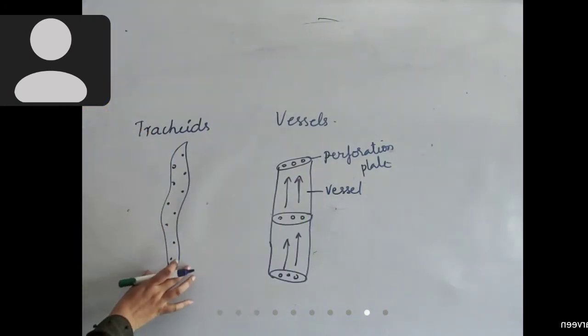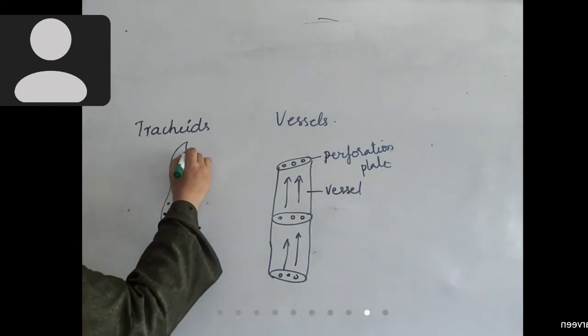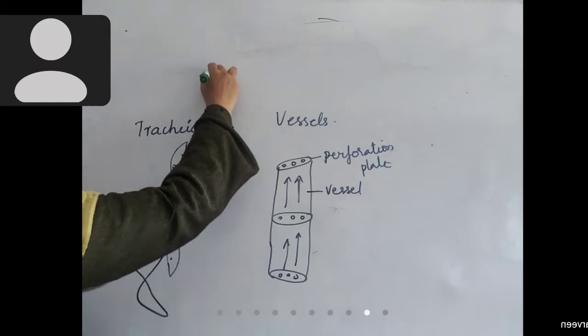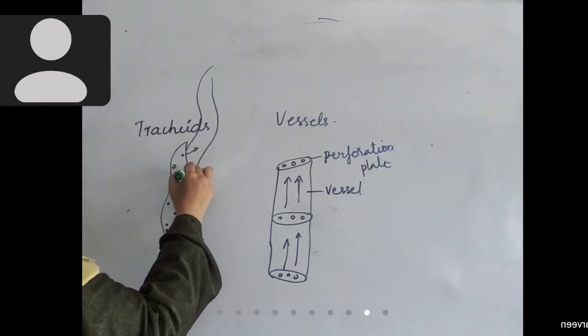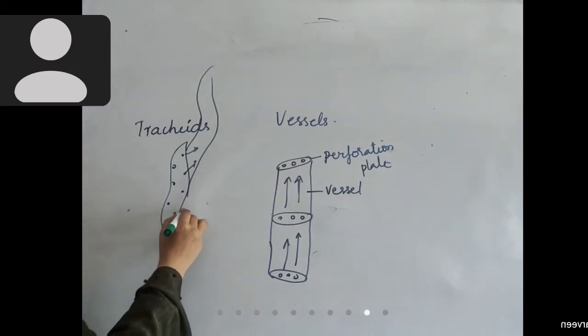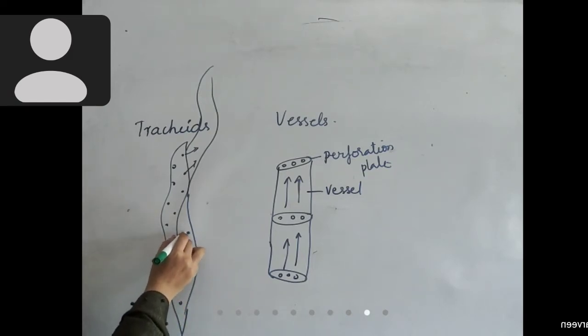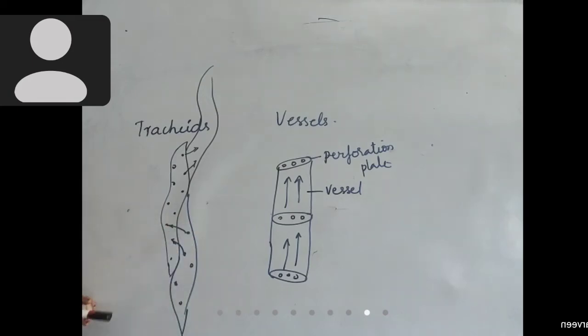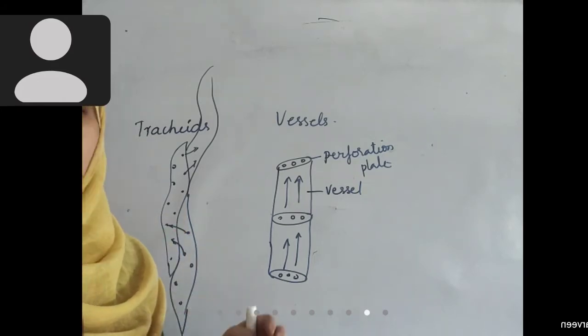In case of tracheids, they are long. So water enters through these holes. The next tracheid will be here somewhere like this. So through the holes present in this tracheid, water will pass through. In between this cell and this cell, there are common holes. Through those holes, it will pass like this.